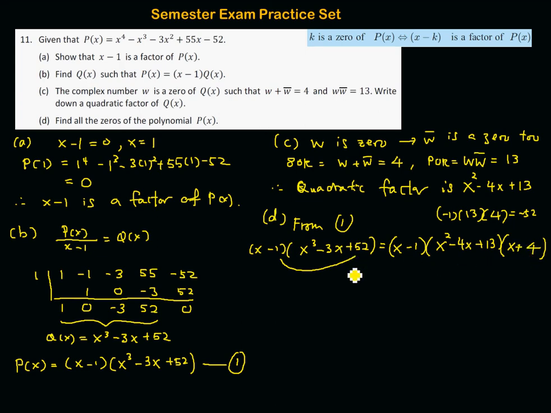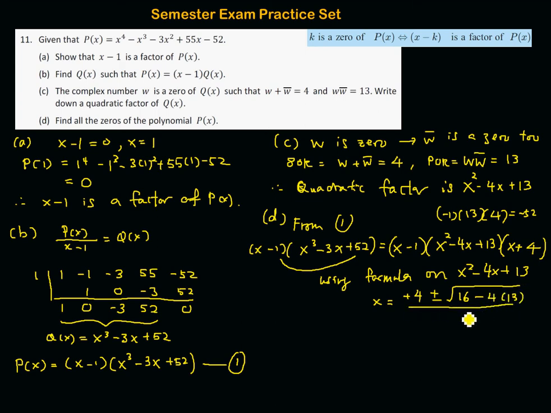So we have essentially factorized this p(x), and so using the formula on this quadratic, we get x equals -b, or rather plus 4, plus or minus the square root of b squared, in other words 16, minus 4ac, 4 times 1 times 13, over 2.